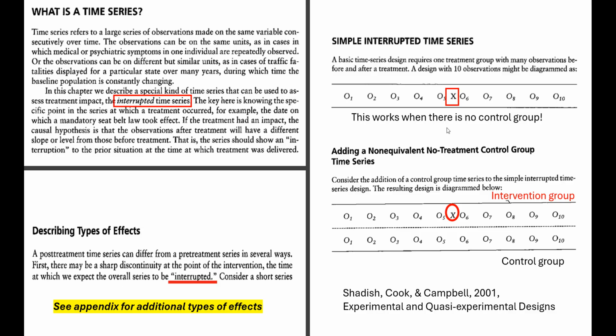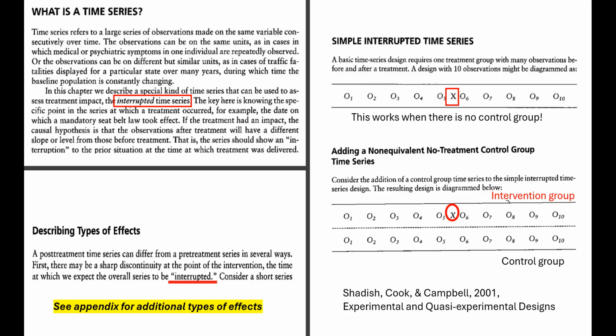But of course we would benefit from having a control group. So if we look lower in the slide, adding a non-equivalent no treatment control group time series gives us this display. Consider the addition of a control group time series to the simple interrupted time series design. The resulting design is diagrammed below.